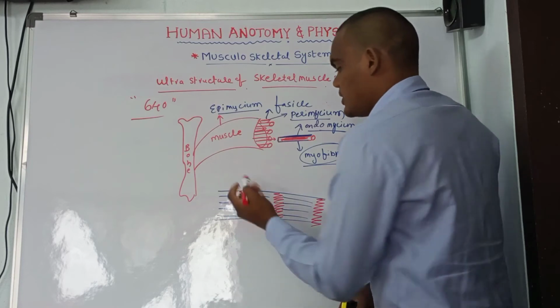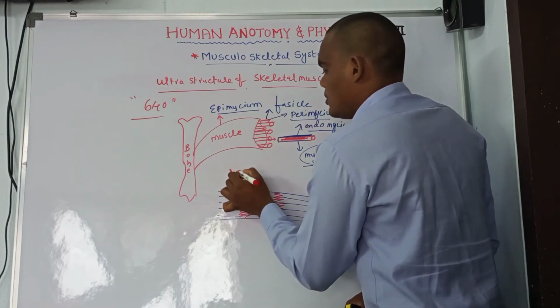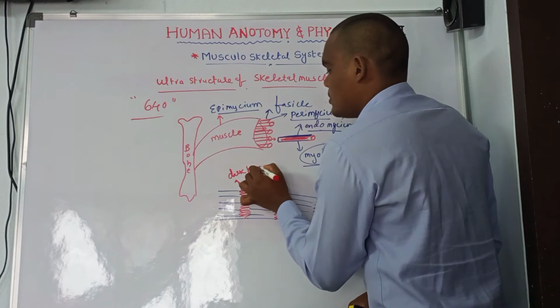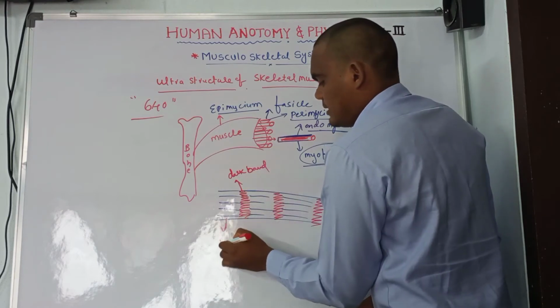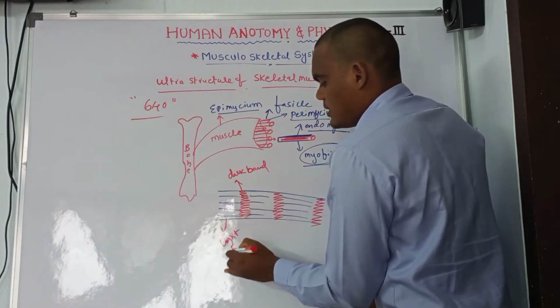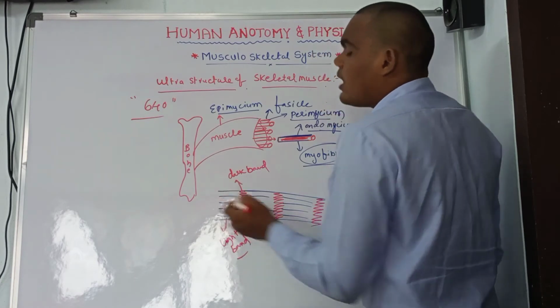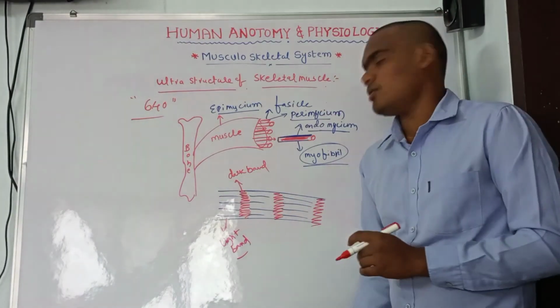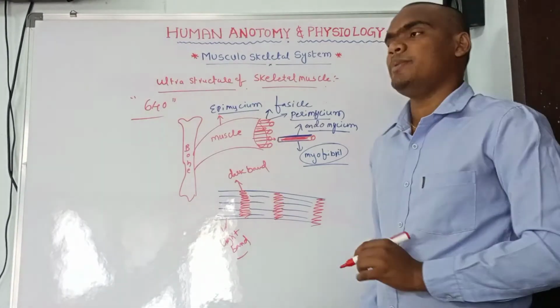The dark and light bands mainly have two filaments.